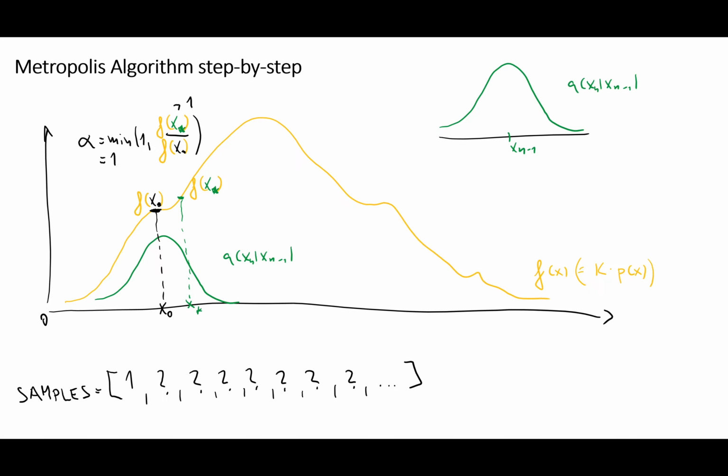Here we see that it's higher than 1, and we then cut it down to 1, as we want this number, alpha, to be between 0 and 1.